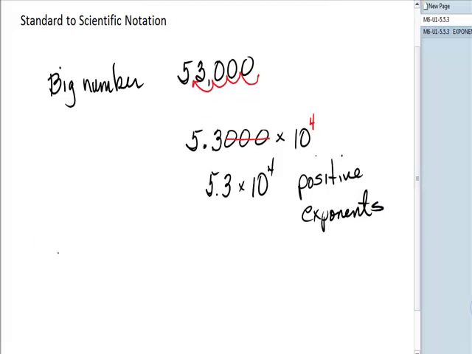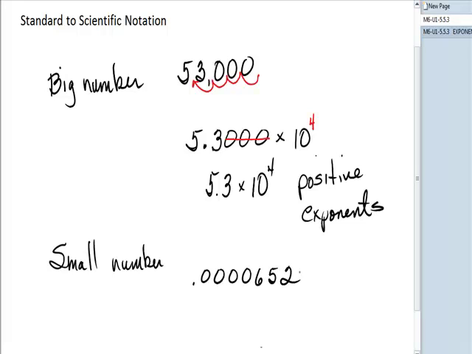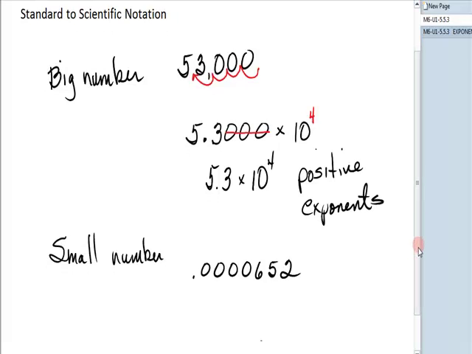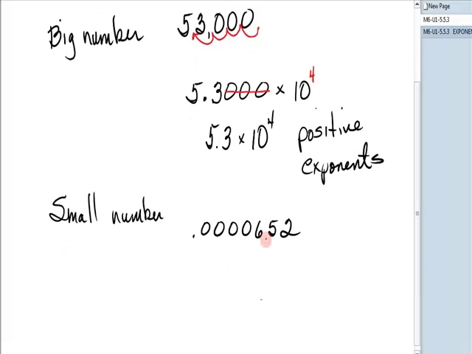All right, let's look at a small number, like 0.000652. That is a very tiny decimal number. In order for it to be in scientific notation, the decimal point would end up being here.